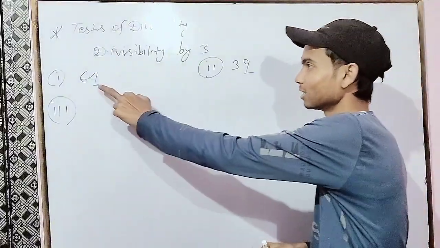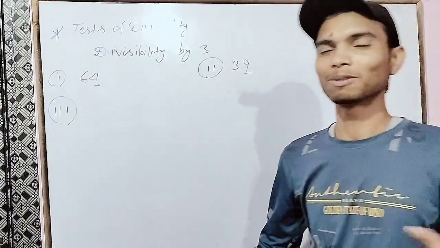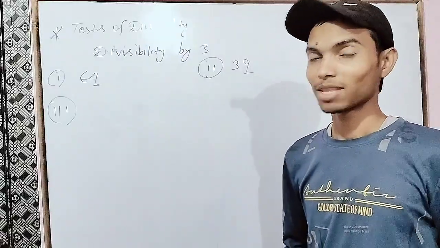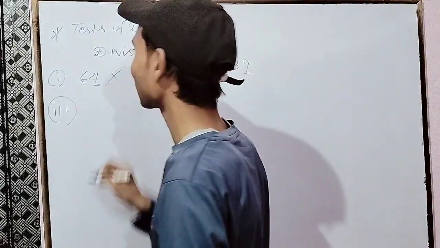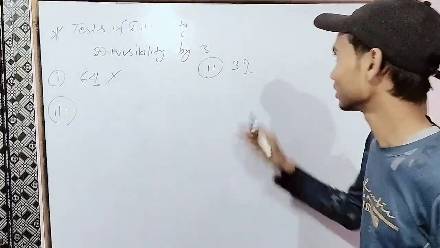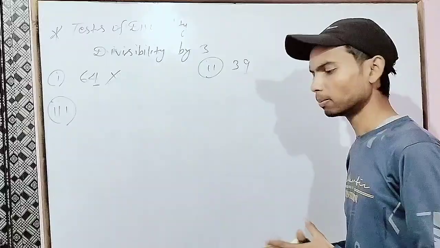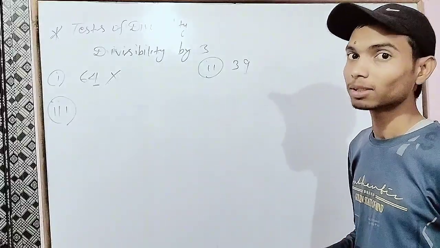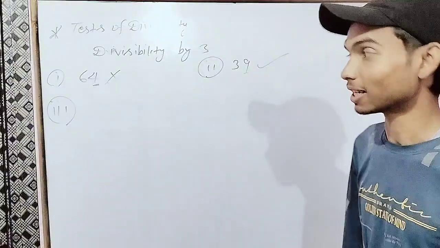Clear? Here, 4 plus 6 becomes how much? 10. Now, 10 doesn't come in the table of 3, that's why this is not divisible by 3. Now, here, 9 plus 3 becomes 12. 12 comes in the table of 3. That's why this is divisible by 3.